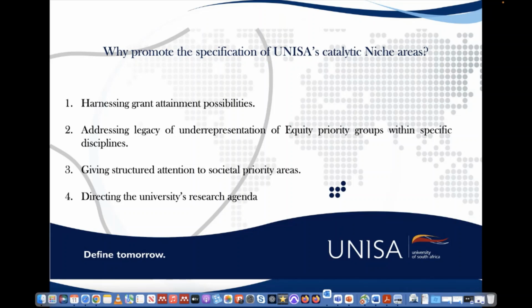Secondly, some of the niche areas we've identified because they speak to a legacy of underrepresentation of very specific groups within certain disciplines. So for example, one of our niche areas is aeronautic studies. If you go and look, you'll find that it's an area and a discipline that's primarily taken up by white males.